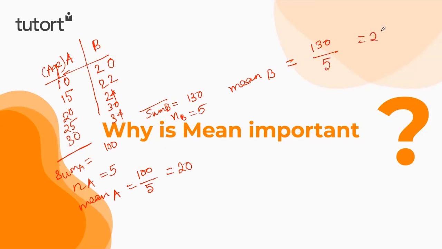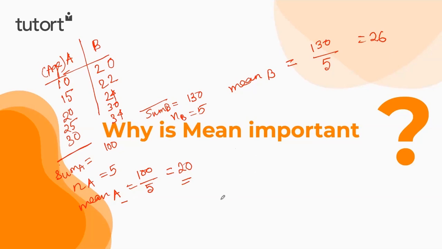That will be 26. So from here, we can conclude that the mean of Group A is lower than the mean of Group B. So we can say that in Group A, there are more young people.